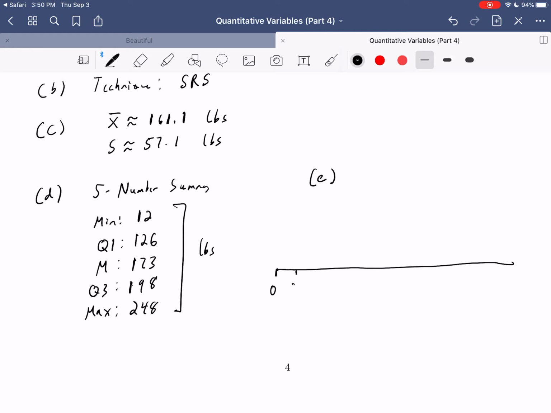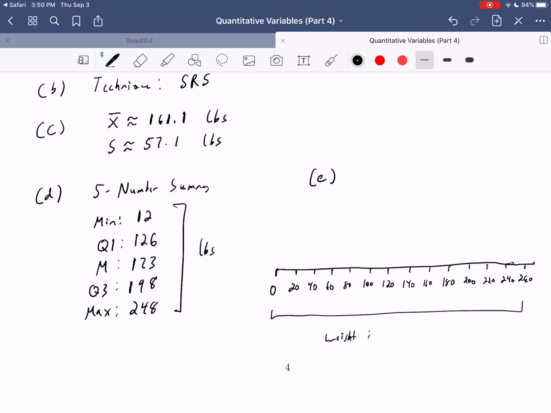So there's 20, 40, 60, 80, 100, 120, 140, 160, 180, 200, 220, 240, and I'll have to go a little bit further, 260. And of course you want to label this, so this would be weight in pounds.